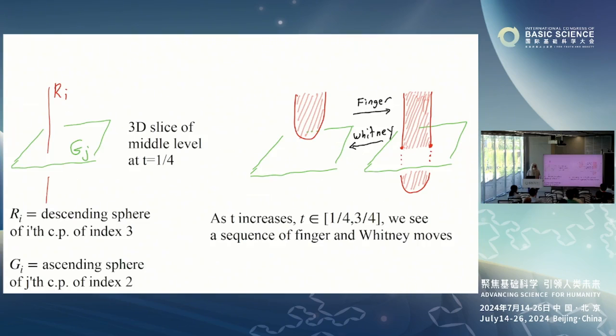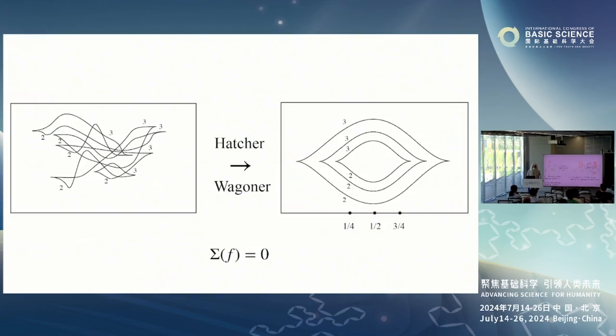Let me point this out. How does the Morse function change as you go from the left to the right? You can see here in this picture, let's say there are 3 births.